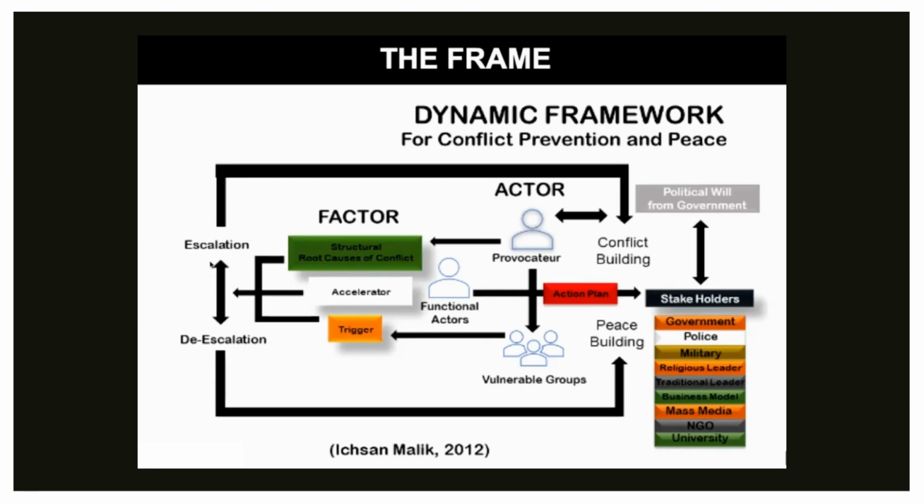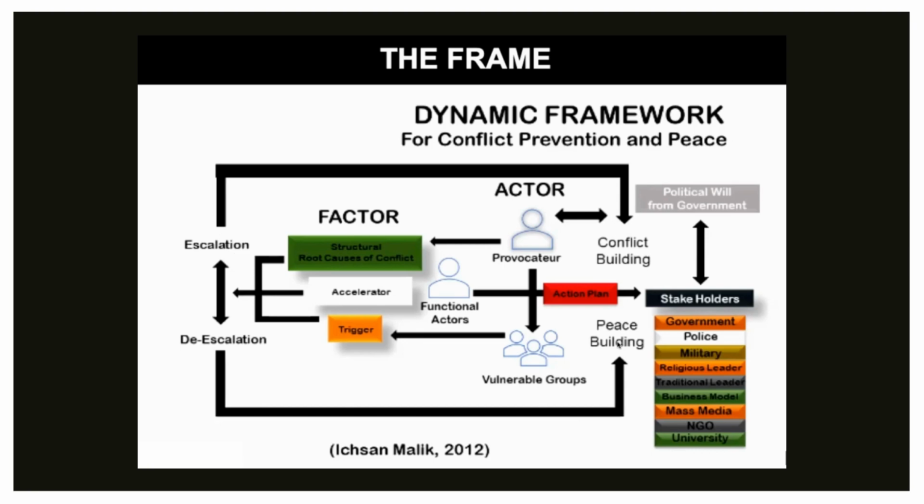If we cannot handle the tension and the mobilization of the conflict, then the conflict becomes bigger, and we call it conflict building. But if we handle the dispute, the tension, the mobilization, or the violence, we call it de-escalation, and then maybe we can see the peace building process.